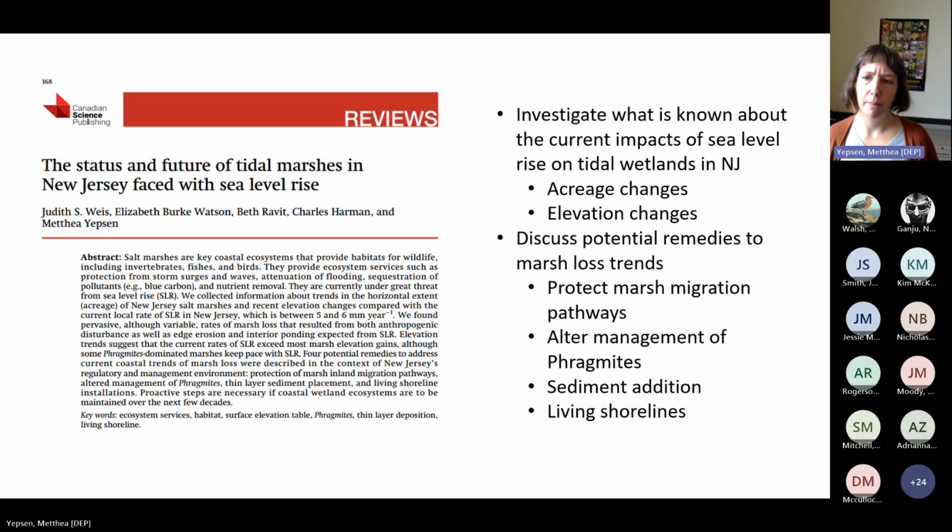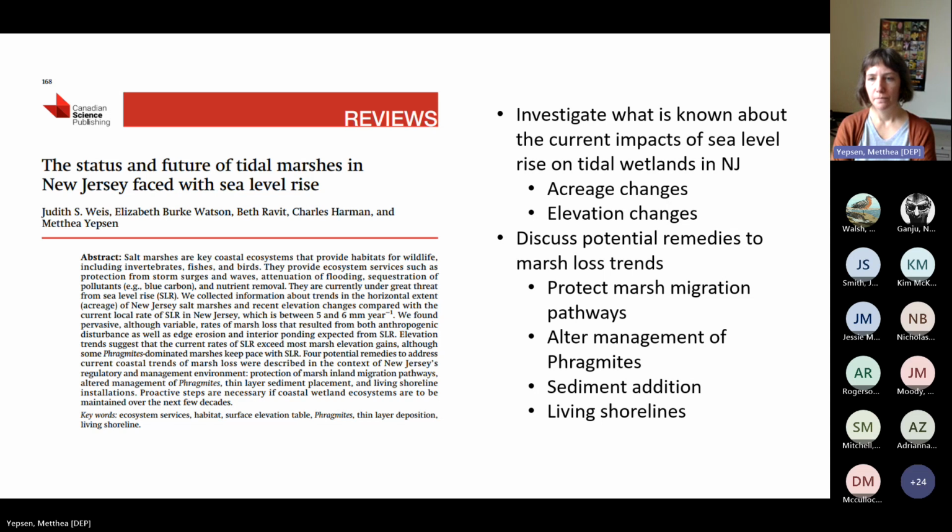We collected information about trends in horizontal extent of New Jersey salt marshes, and also data collected in surface elevation tables, taking site-specific readings of elevation change in marshes, and outlined 4 potential remedies to address current coastal trends of marsh loss, thinking about these in the context of New Jersey's regulatory and management environment.